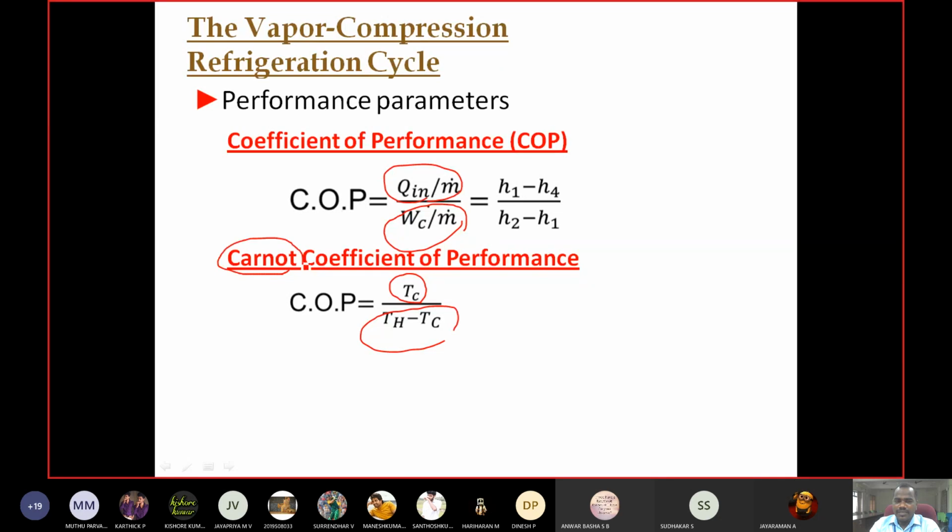Mainly in the Carnot cycle, the heat transfer will be equal to the temperature difference, so we can use the temperatures alone.